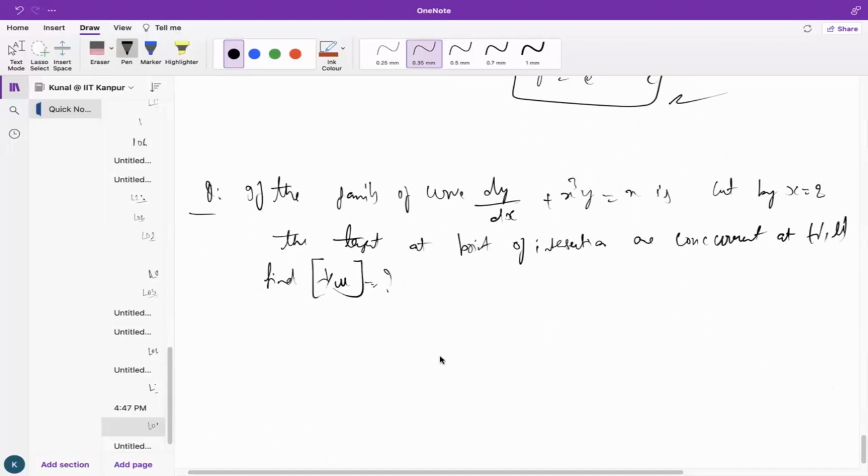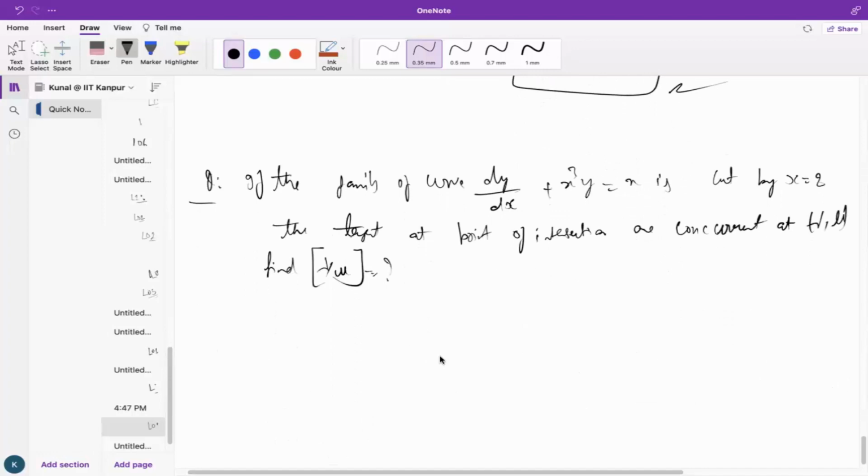So let me try to show you what I am trying to say here. Let us suppose this is what our curve looks like, and this is our axis x is equal to 2. This point is 2 comma beta, and this is our lambda comma mu.